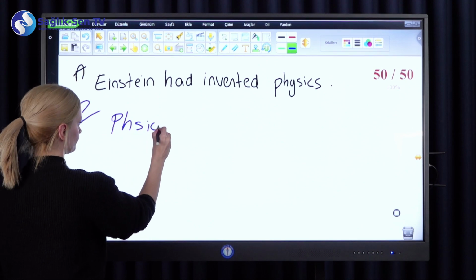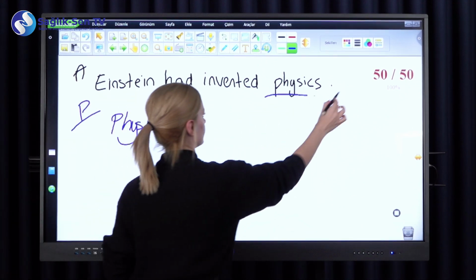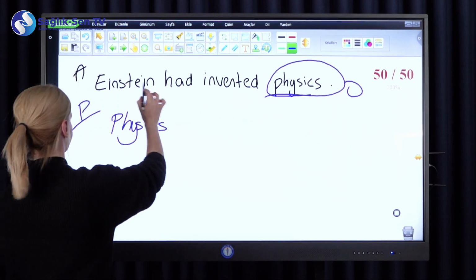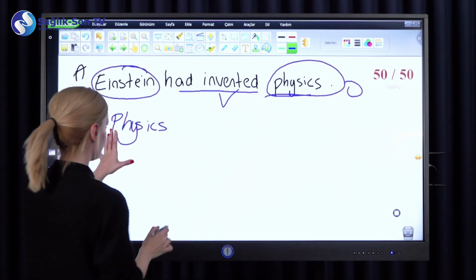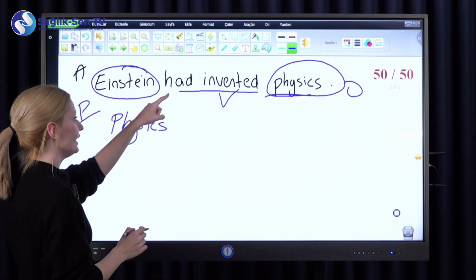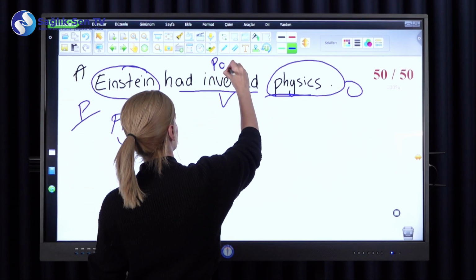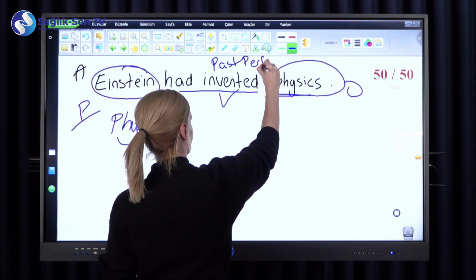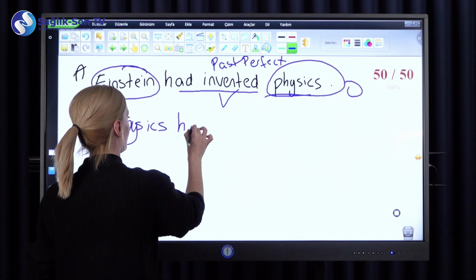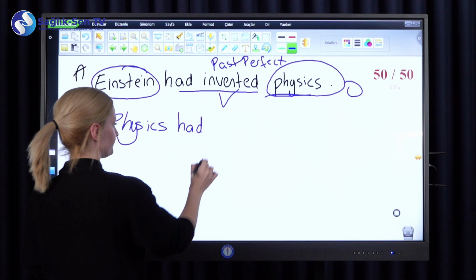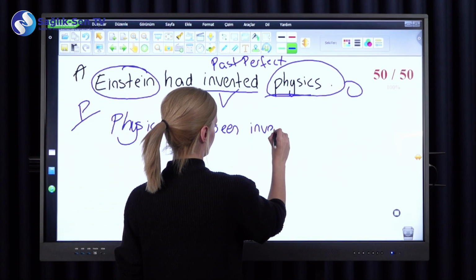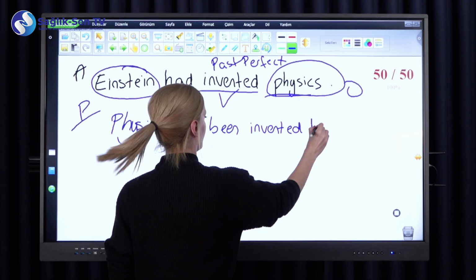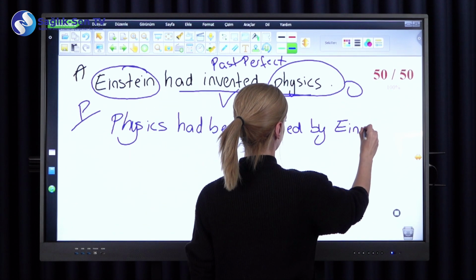Physics, because this is my object, this is my subject, and this is my verb. Physics, I see past perfect. That's why I will use had been invented by Einstein.